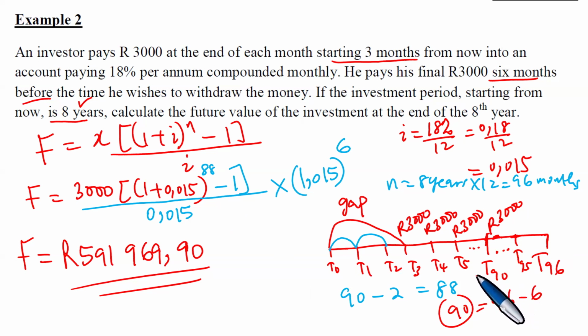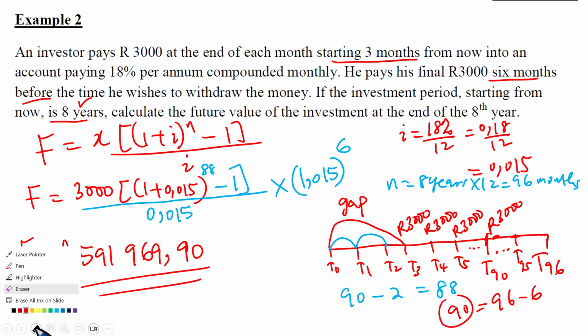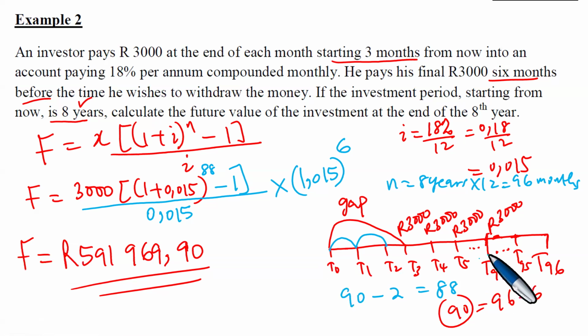But be that as it may, we are sure that at T90 there is a gap of 2 months, and we want to make sure everything is 1 month away.